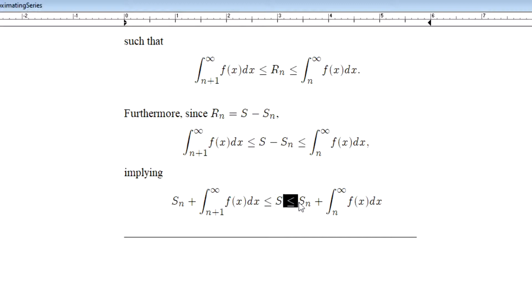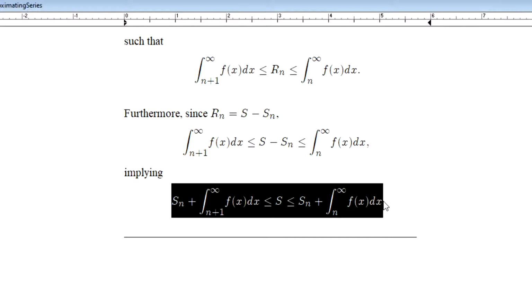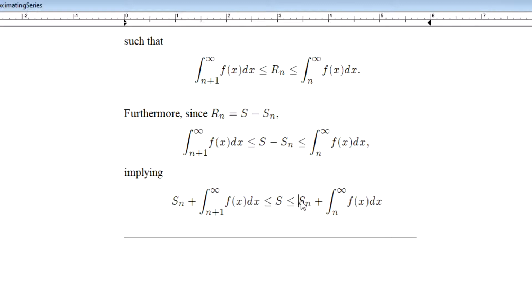And it is always smaller than or equal to the upper bound for s, where we take the value s sub n and add it to the improper integral from n to infinity.